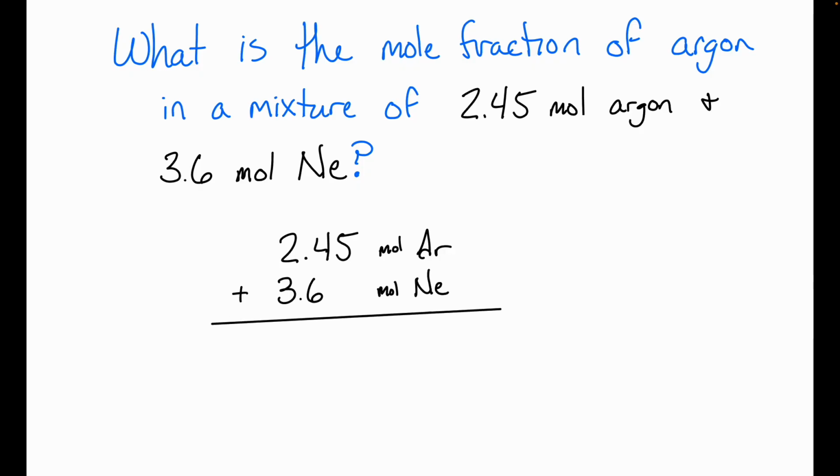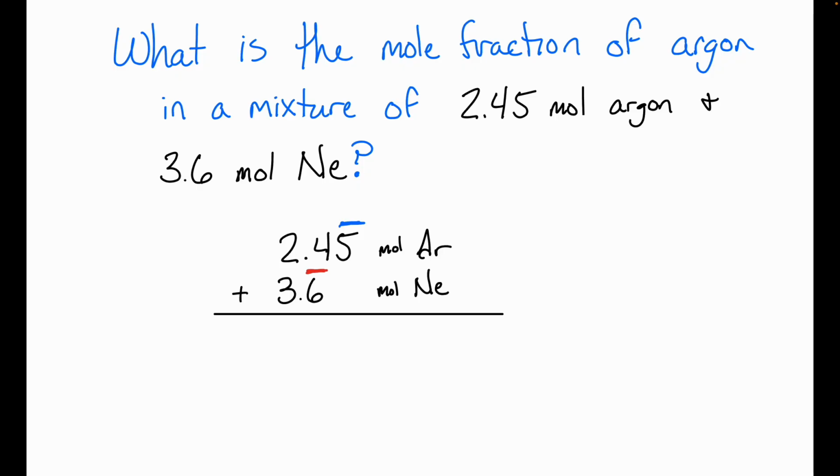The rules for carrying sig figs with multiplication and division are about counting the sig figs of your inputs. But for addition and subtraction, it's about the position of those sig figs in your inputs. Right? So I would mark my last sig fig in each number.